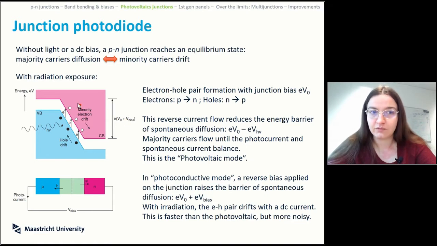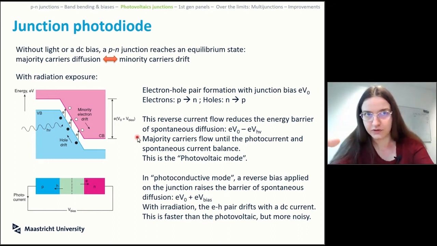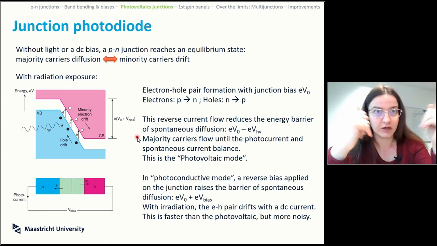So what your electrons will see is this energy bridging given by your light plus the bias that you're putting, and you will separate the carriers off as a DC current going through, because they see the very sharp step, so they want to get rid of this change of potential as soon as possible.